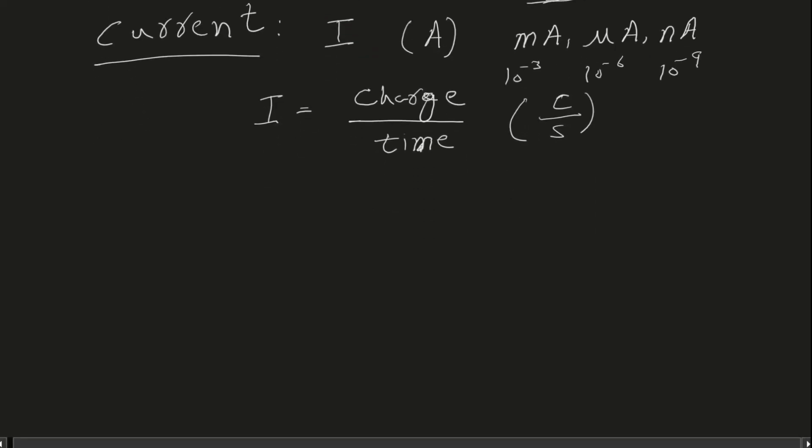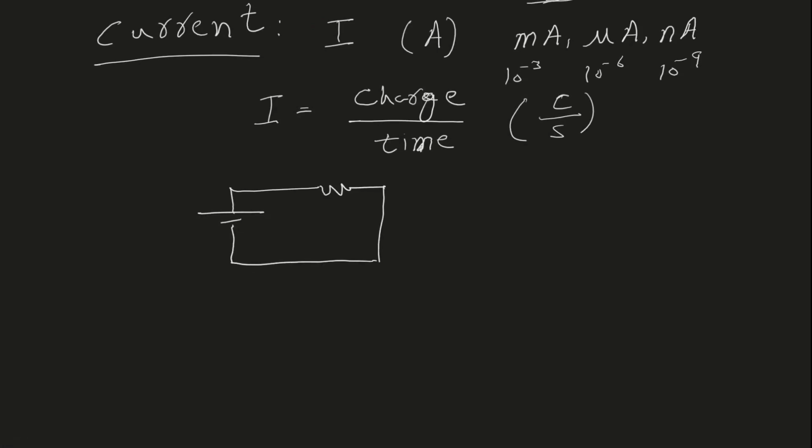Considering the circuit above, now that we have defined what a current is, we will say that the current is flowing in this direction with, for example, a 3 volt battery attached to the circuit. And let's say this is a resistor R, and let me assume that R equals 3 ohms.